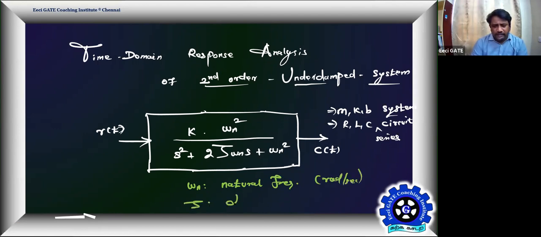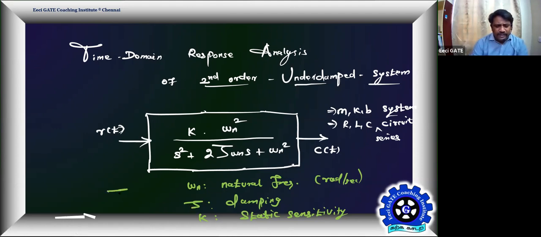Zeta is the damping of the system. K is the static sensitivity, the steady state connection between input and output. That's your system. Now we are going to excite this second order underdamped system.